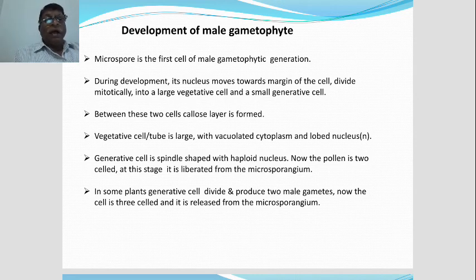But in some angiosperms or in some families, the generative cell divides again. The generative cell nucleus divides and produces two male gametes or sperms.